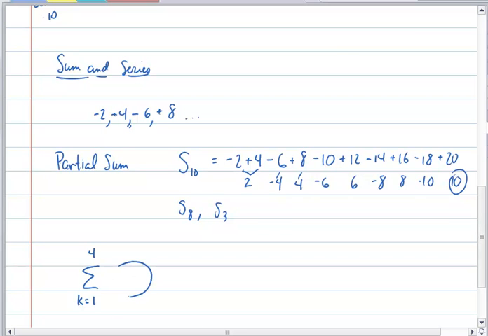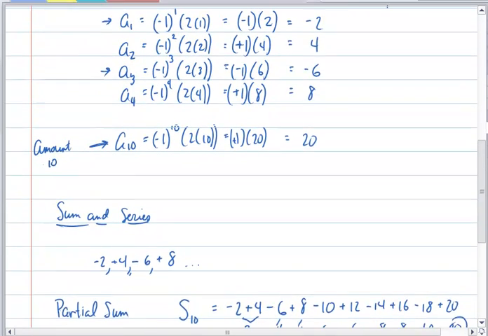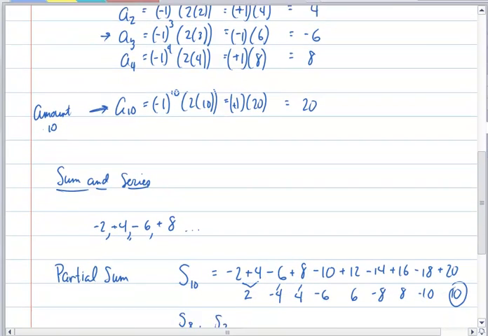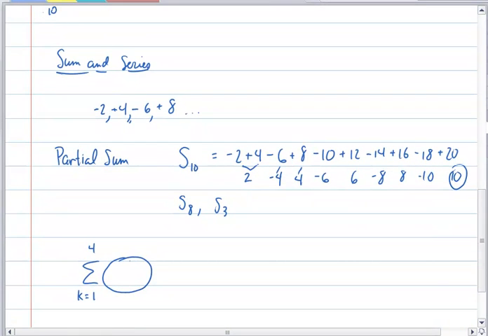But what I have to put in here is the general sequence term. So I'm just going to look back at what we had before, and that was -1 to the n times 2 times n. So I would put -1 to the k, and then have 2 times k for my term inside of the series.